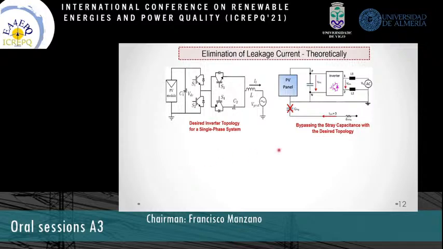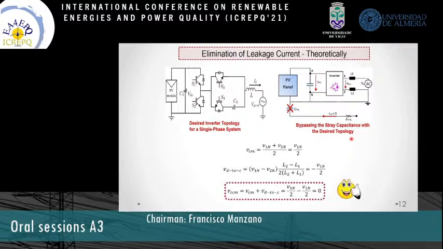In this topology, the inverter has an asymmetrical inductor distribution where L2 is equal to 0, leading to a null voltage at terminal 2. Consequently, the following equations are obtained. Thus, the leakage current is totally eliminated since no variations will occur in this zero total common mode voltage.